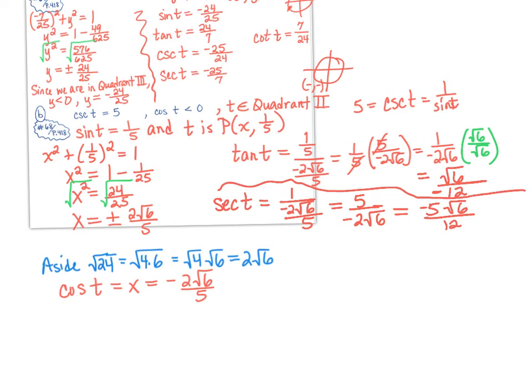Okay? One left. What do we have to find? Cotangent of t. Good. So cotangent of t is equal to what over what? Over 1/5. So that's the same thing as what?